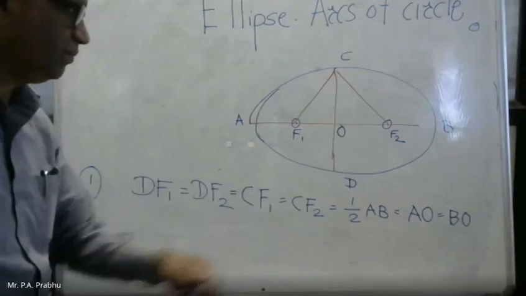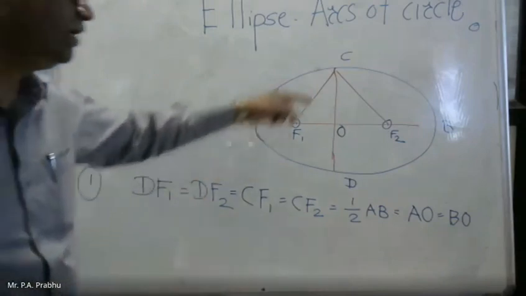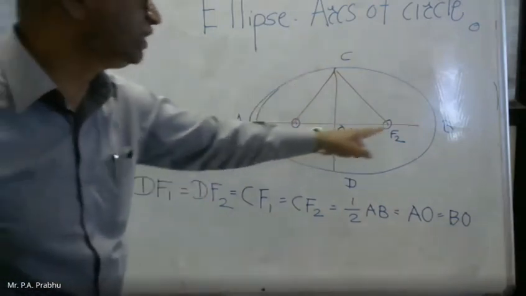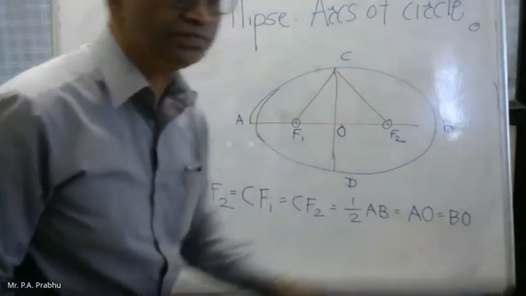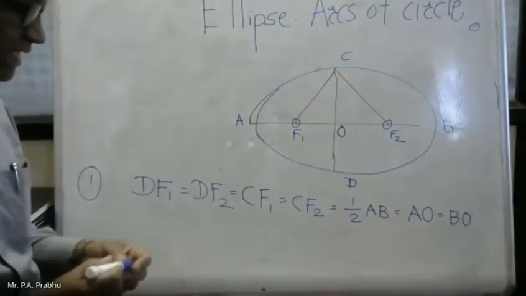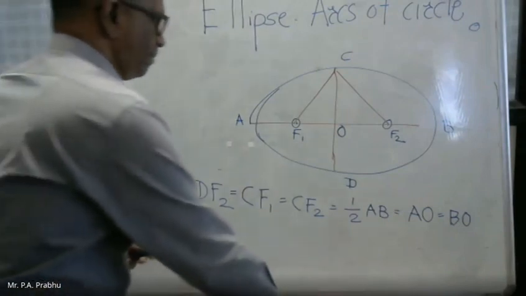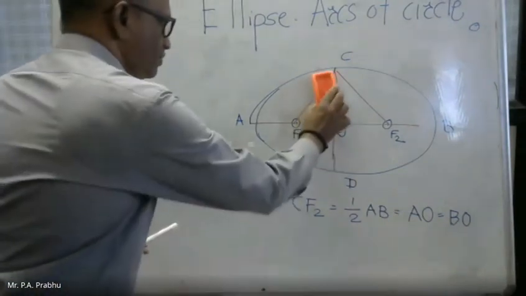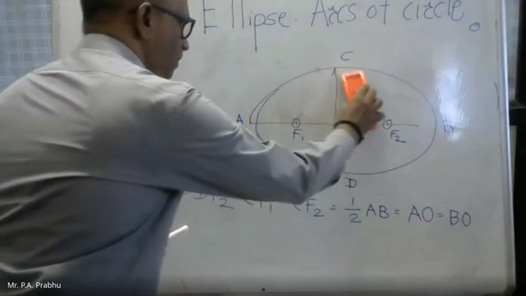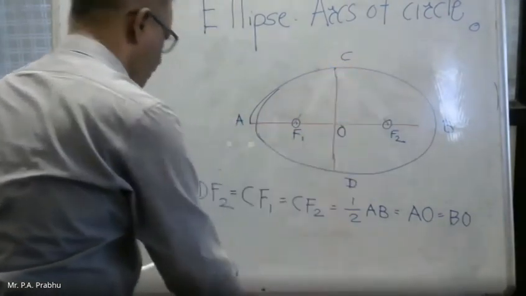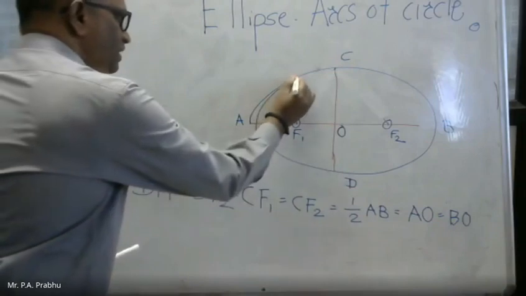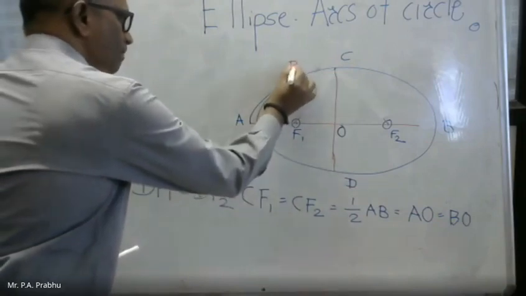Write down this property. The distance of the end of the minor axis from two foci is always equal, and it is equal to half the major axis. Second property. So I am erasing this part. Take any point on that ellipse, suppose point P1.